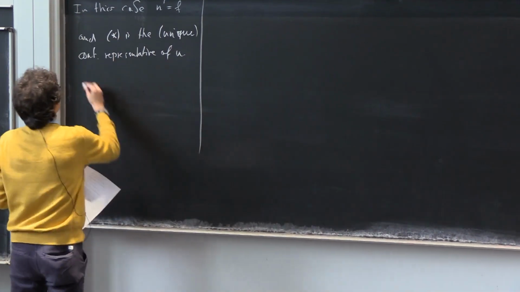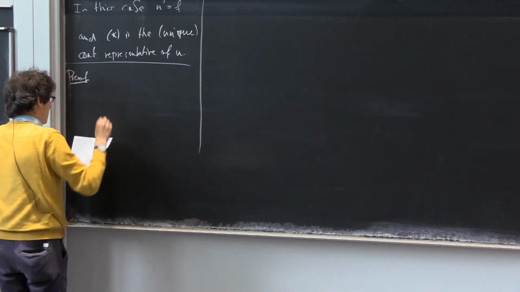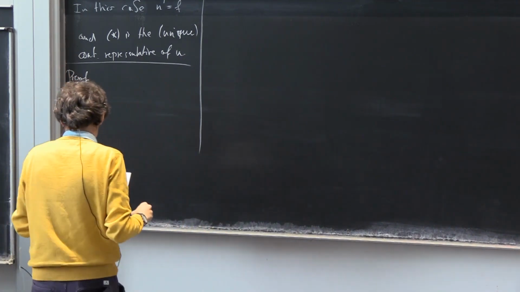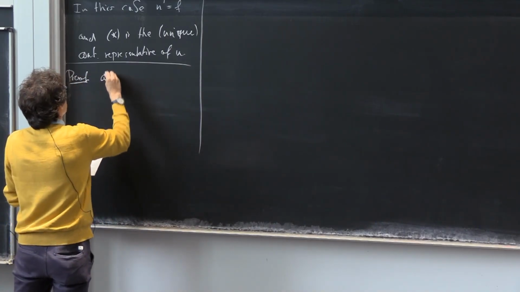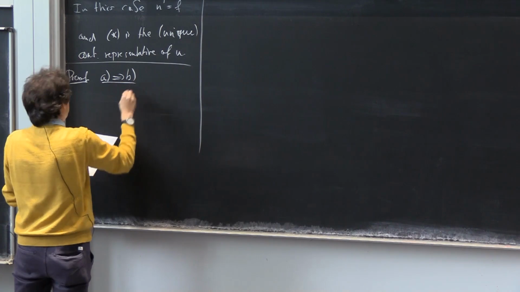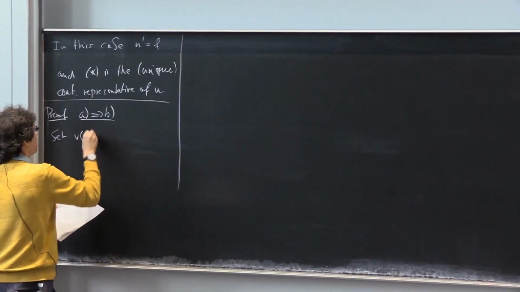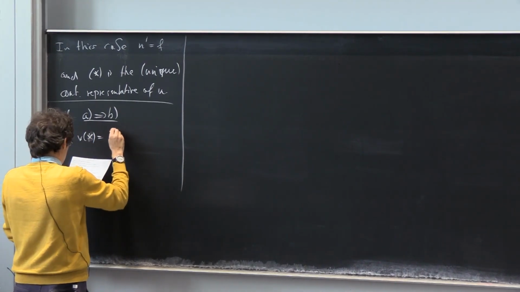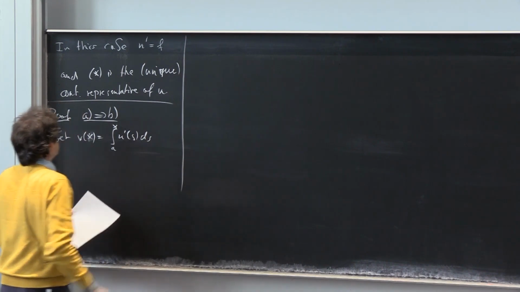Okay. So let's prove this really important result. And it's also an equivalence, so we have to go from A to B and from B to A. So let's go from A to B. So we define v of x to be the integral from a to x of u prime of s ds.